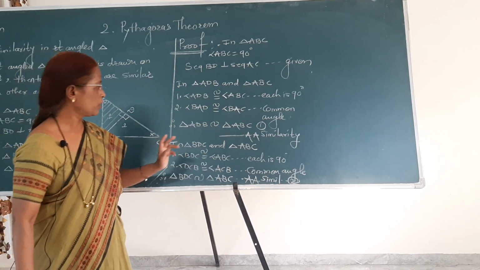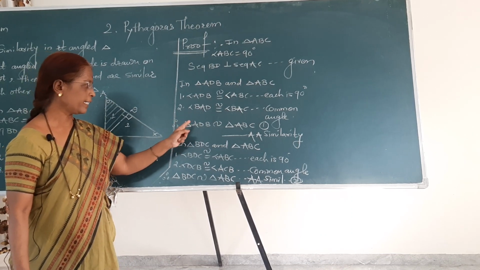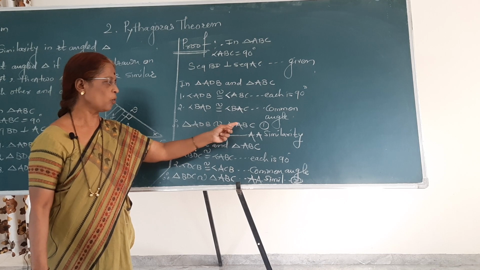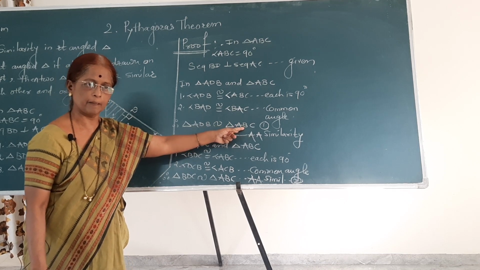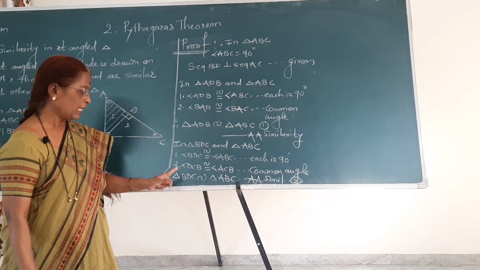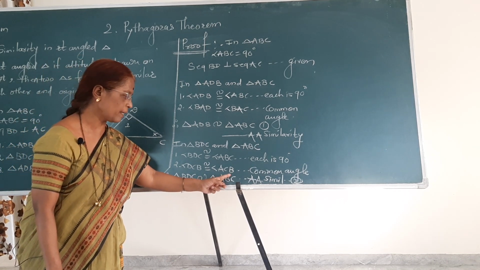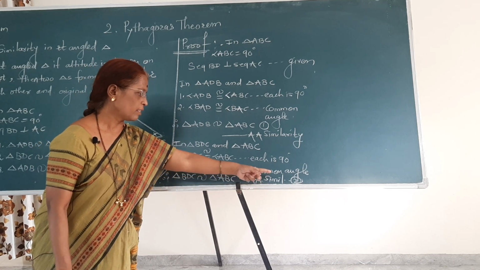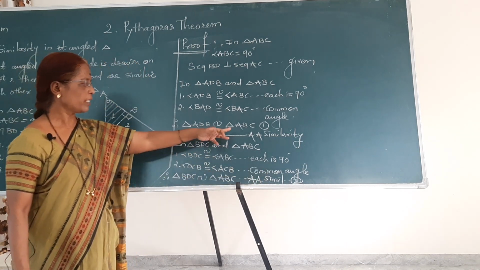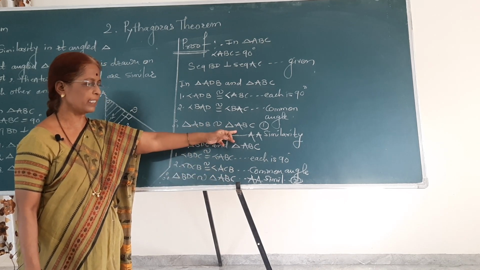Okay. Now see, first equation. In the first equation what we proved? Triangle ADB is similar to original triangle ABC. This is our first equation. And the second equation is triangle BDC is similar to triangle ABC, and this is second equation. Now in first and second equation, one of the sides, the RHS, are one and the same.